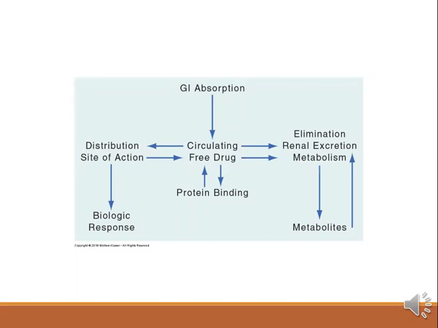So here are some of the factors that affect the circulating drug distribution. So you have the circulating free drug. We have to take into consideration protein binding of the drug, the bioavailability of the drug, the way the drug gets eliminated through the kidneys, the way the drug gets metabolized into its metabolites, the way it is distributed to the site of action, and its biologic response.